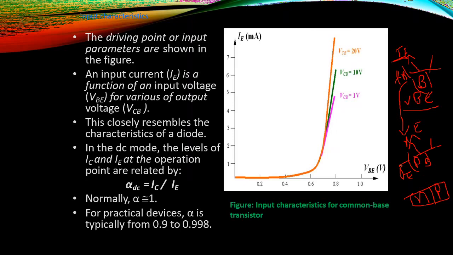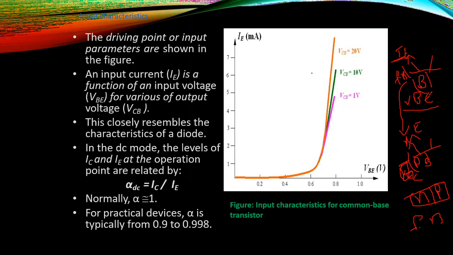So in this case, the JE junction has been forward biased. Whenever it is forward biased, with respect to the voltage, the current increases exponentially. We have studied this concept in the first unit.